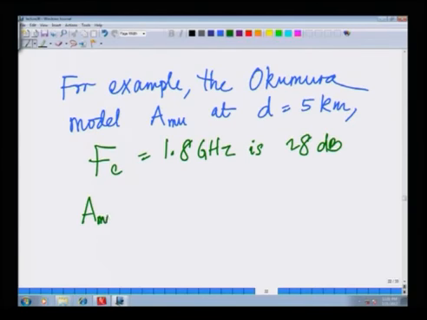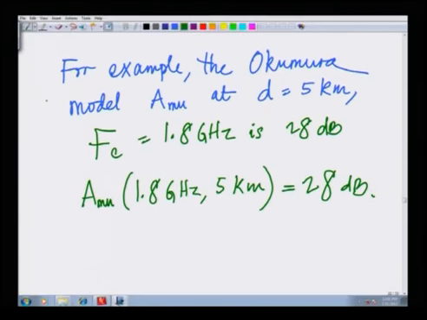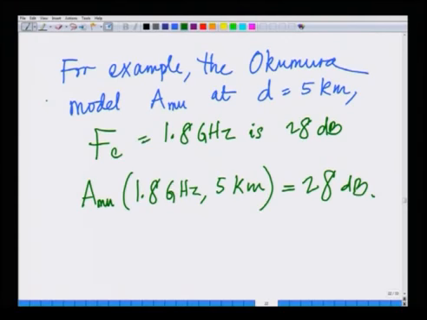That is, if you write A mu of 1.8 gigahertz at distance 5 kilometers, that is nothing but 28 dB. All right. So, that factor in this example is 28 dB, and similarly let us come to the other factor.